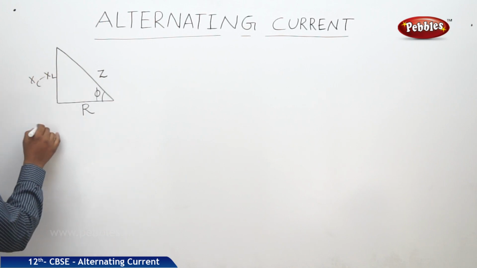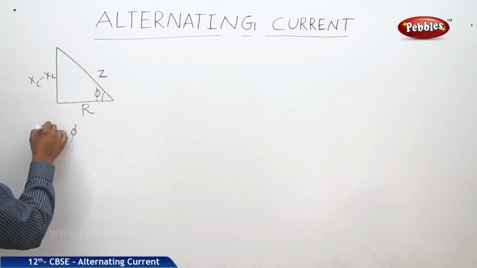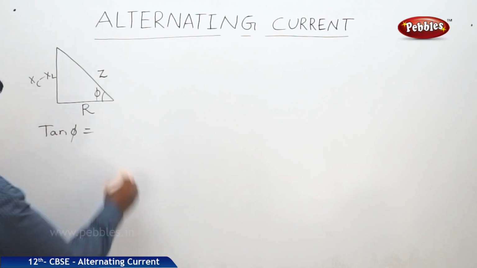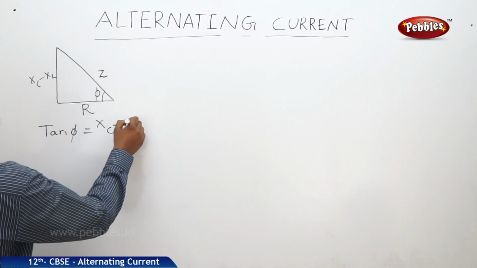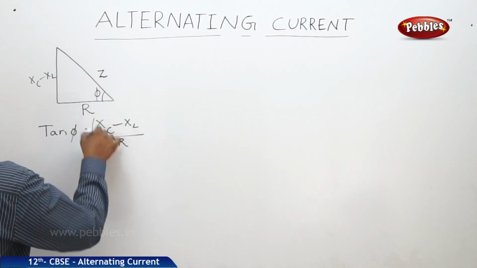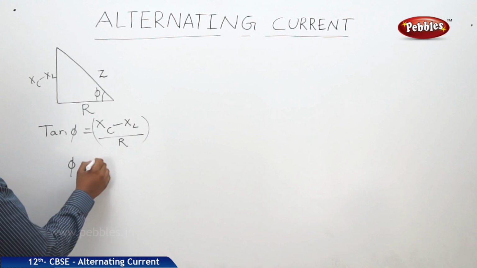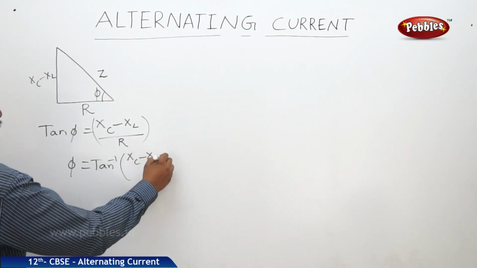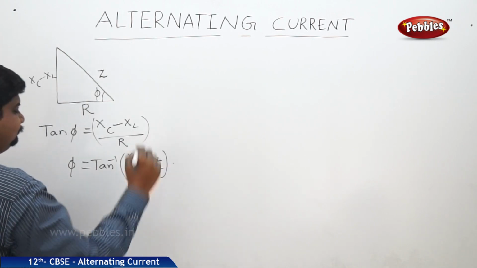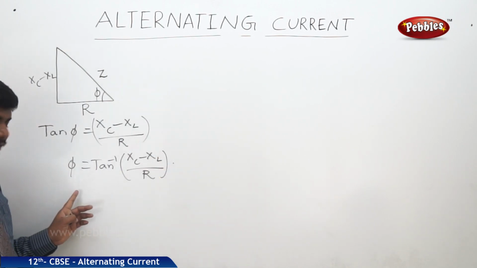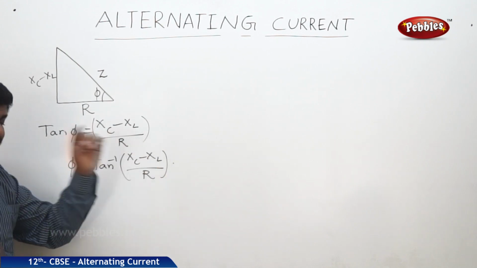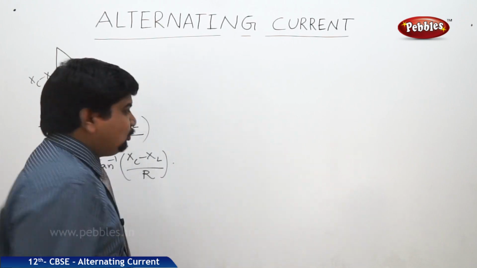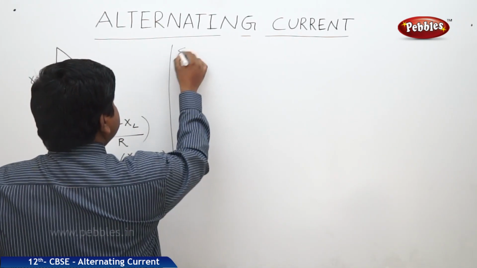From this triangle, we can write tan phi is equal to opposite by adjacent, Xc minus XL by R. Therefore, phi is equal to tan inverse of Xc minus XL by R, which gives the information about the phase difference between the capacitor and inductor with respect to the resistance. So, this solution is called the steady state solution.